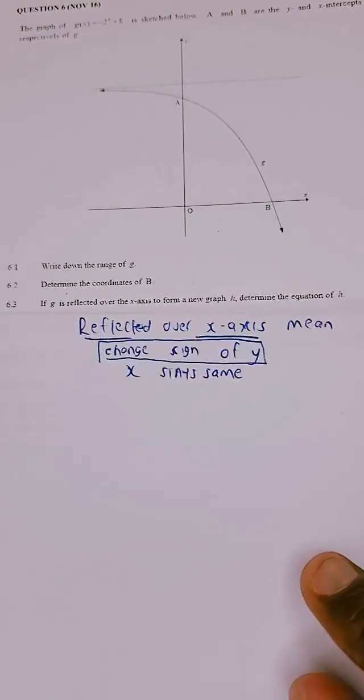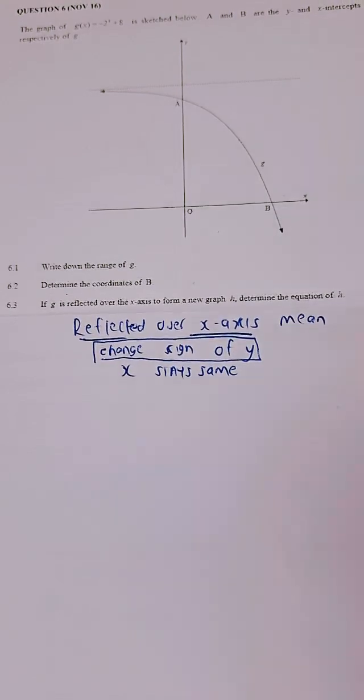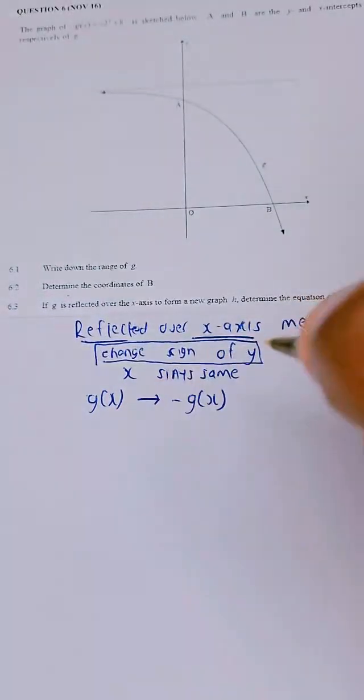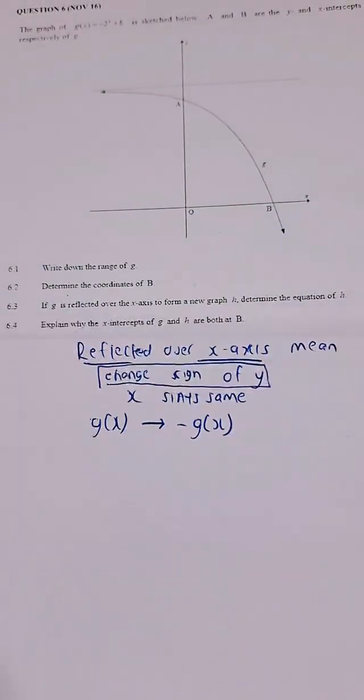Now they are saying if G is reflected over the x-axis to form a new graph, determine the equation of h. So let's just say change in the sign of y. So G of x is going to become negative G of x.